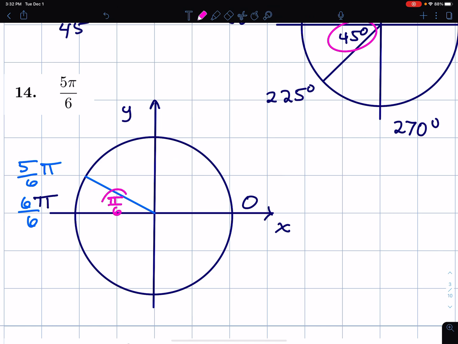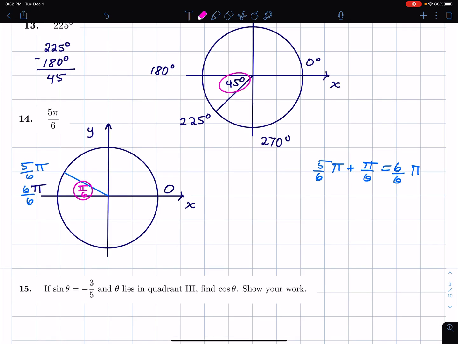And that angle is, as we see, pi over 6. The way we see that is 6/6 pi minus 5/6 pi gives pi over 6, and that's the reference angle.